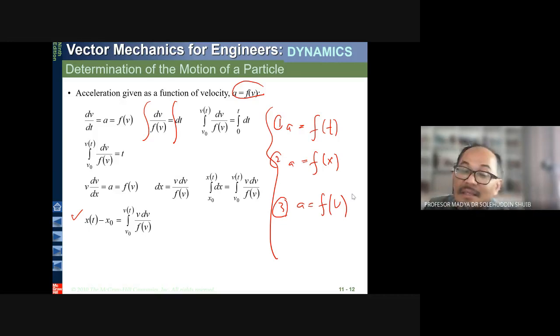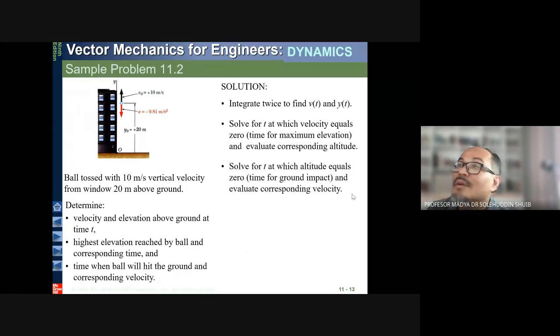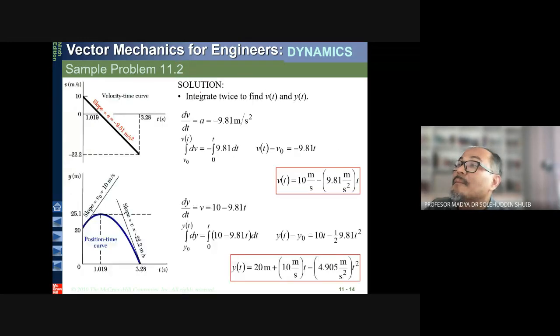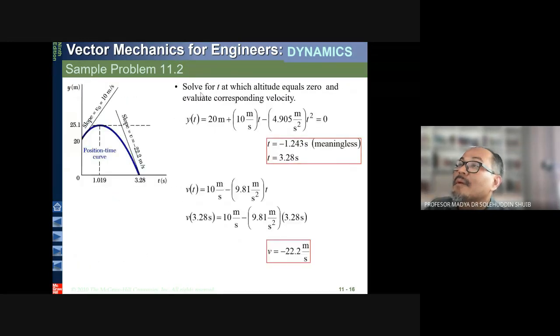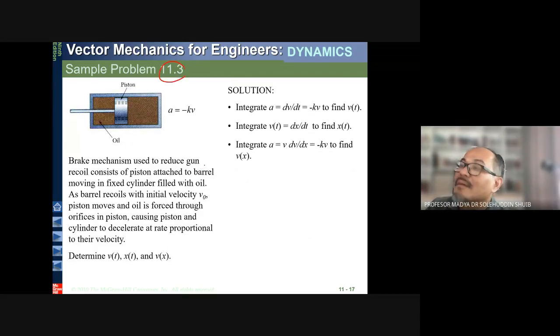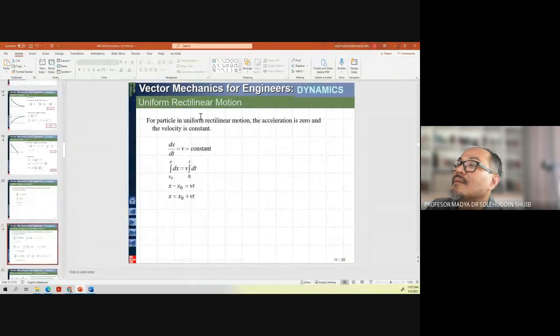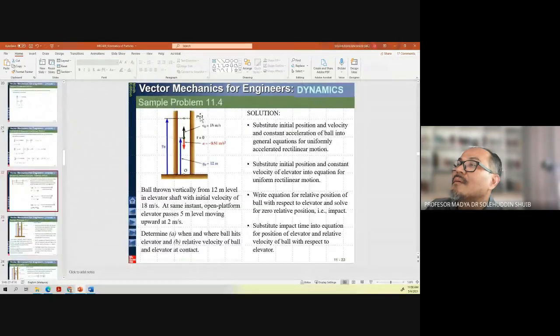What I want you to do is go through, on your own, example 11.2 and 11.3.